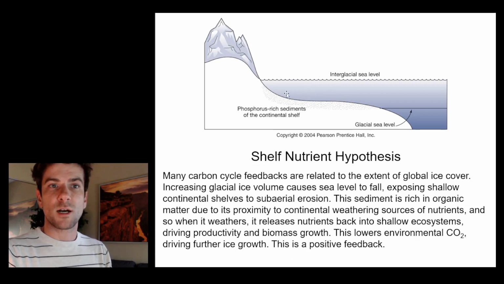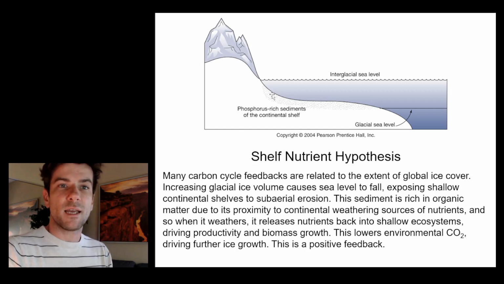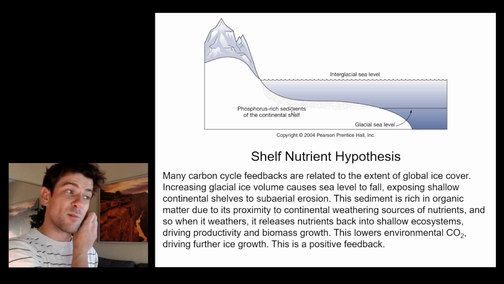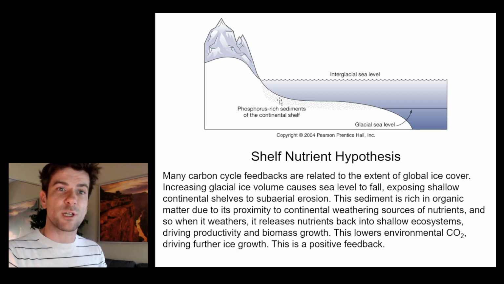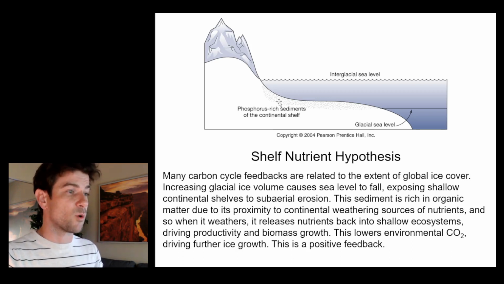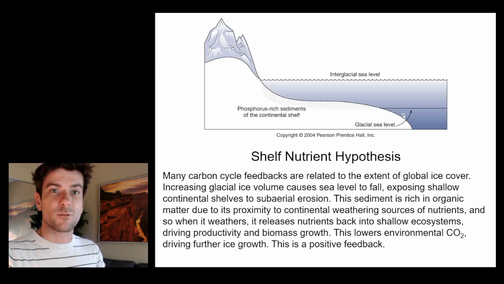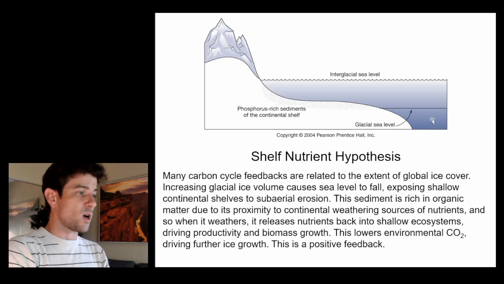You expose a larger amount of area because it's a low slope. And so in the process, you're exposing stuff that used to be underneath a high productivity environment, most likely. And so that sediment is going to be rich in organic material and nutrients, probably most importantly. And so as that weathers, when sea level falls, all of that material is eroded and transported back into the environment, and a lot of nutrients are released in the process.